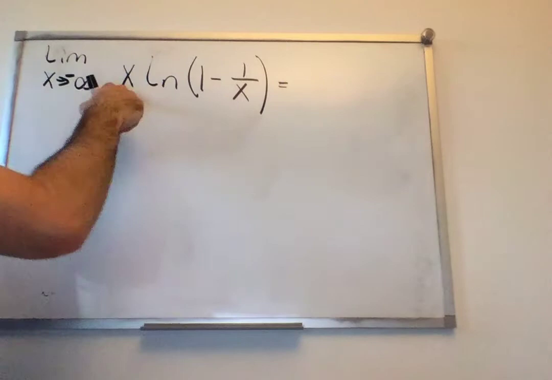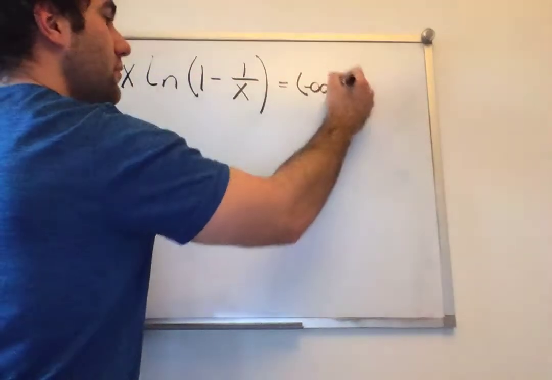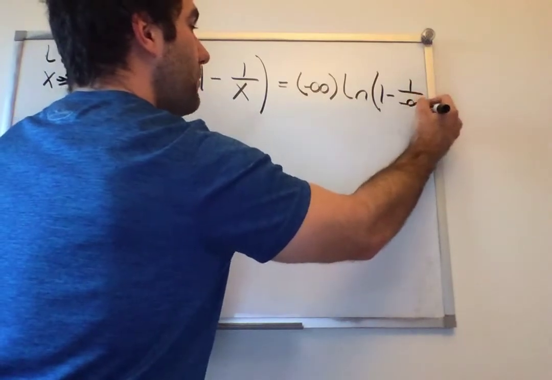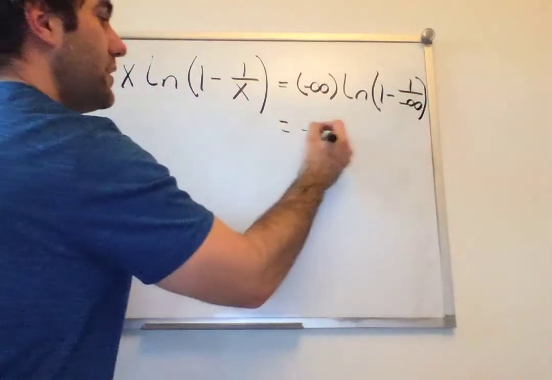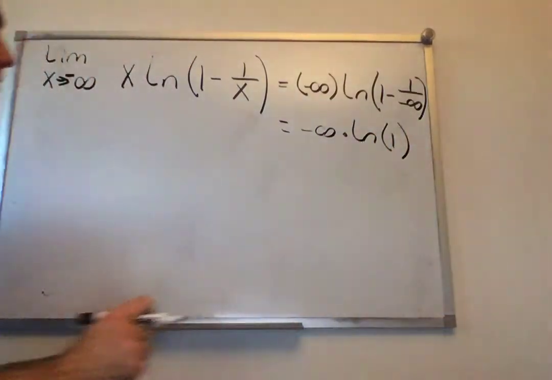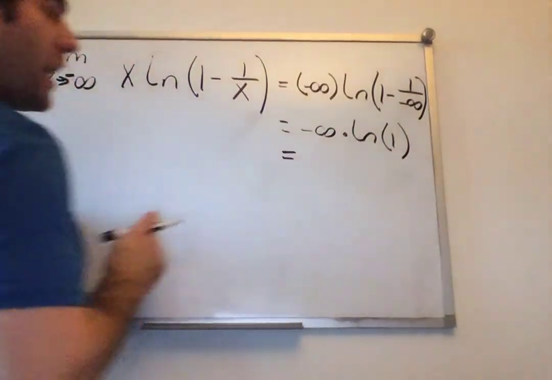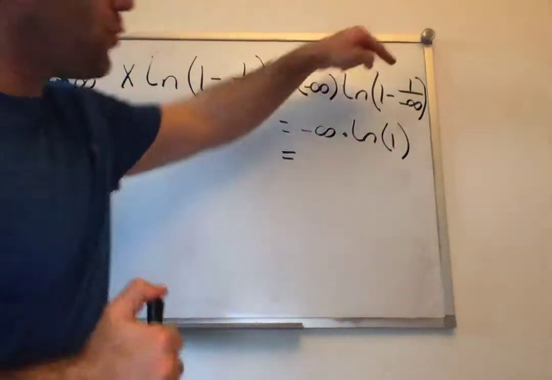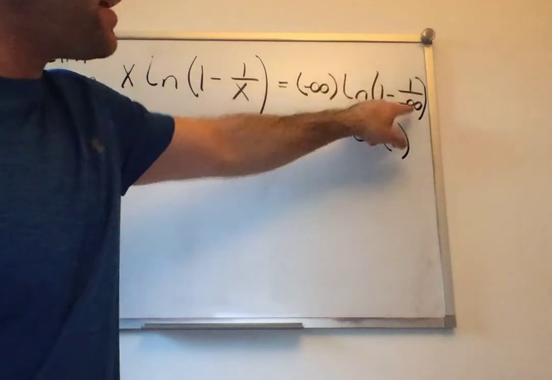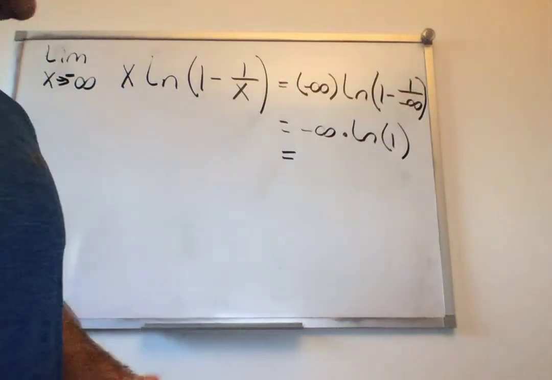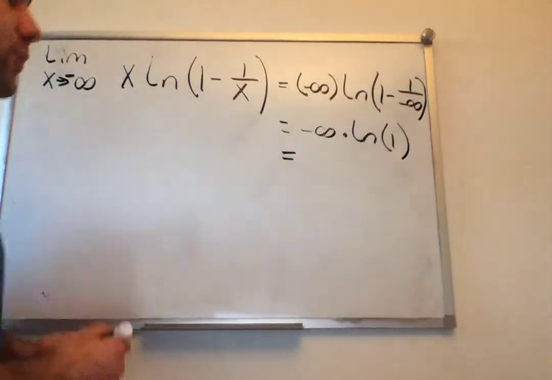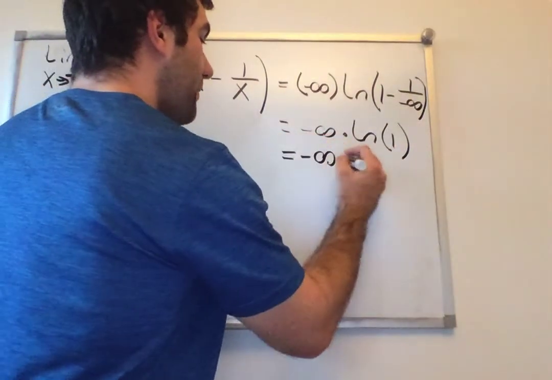If I plug negative infinity into there, this is negative infinity times ln of 1 minus 1 over negative infinity. The reason why it's 1 is because 1 divided by infinity, it doesn't matter whether it's plus or minus infinity, is 0 in a limiting sense. So 1 minus 0 is just 1. ln of 1 is 0. So we get negative infinity times 0.